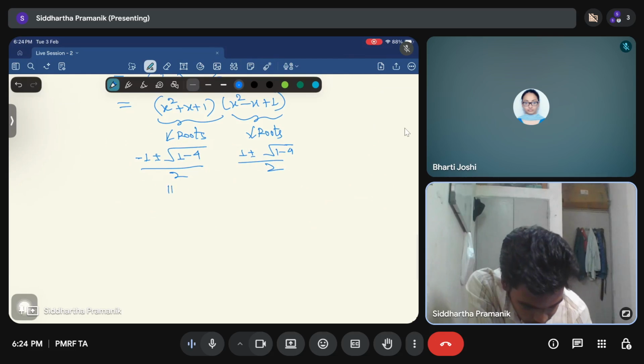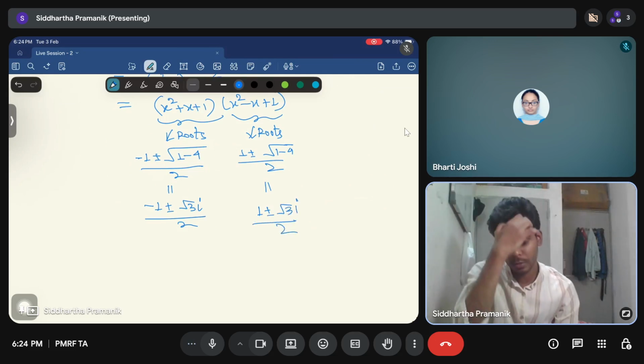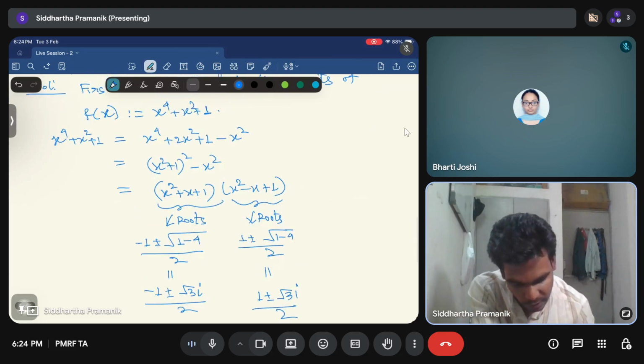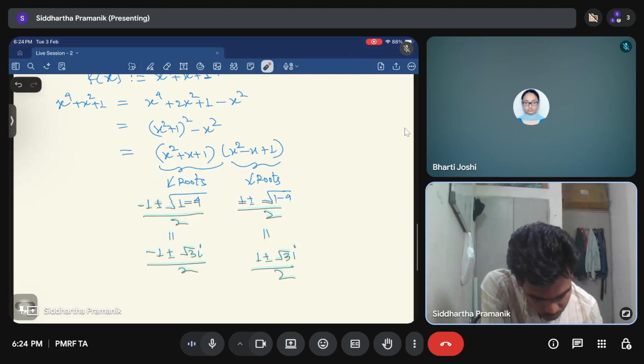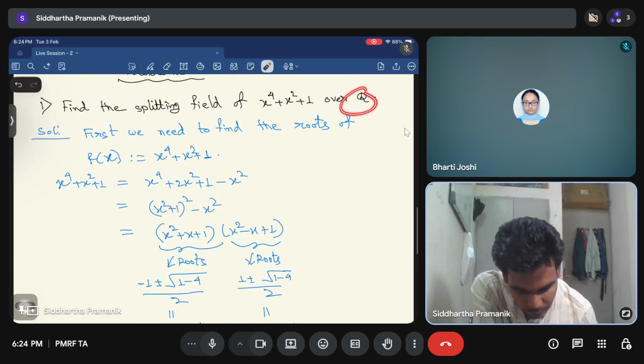So basically these are (-1 ± sqrt(3)i)/2, and these are (1 ± sqrt(3)i)/2. So these are the roots. There are 4 roots, and this is a degree 4 polynomial. So if we attach these roots to the base field Q, what will we get?